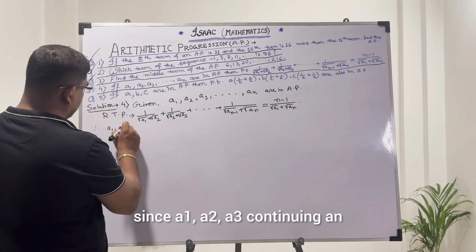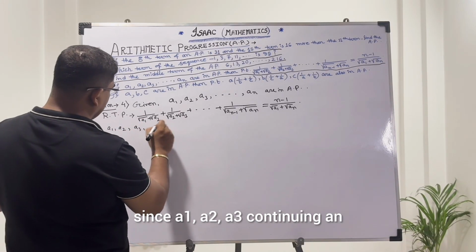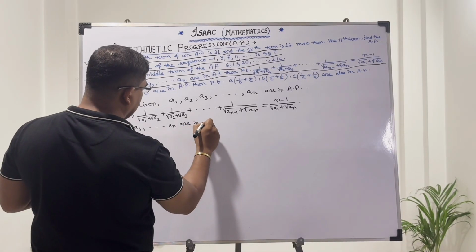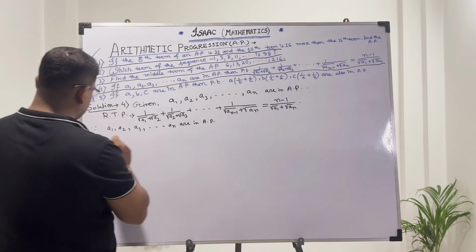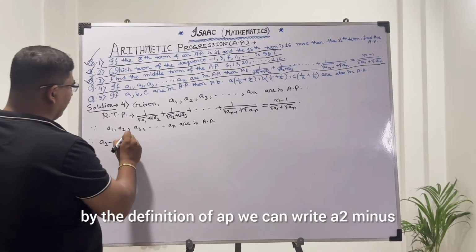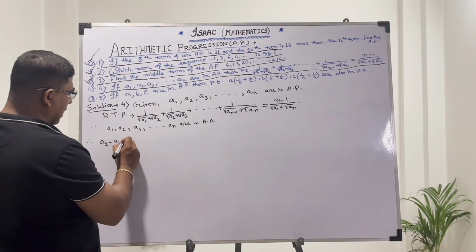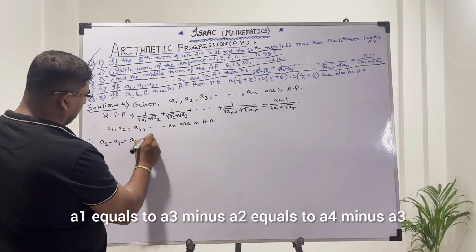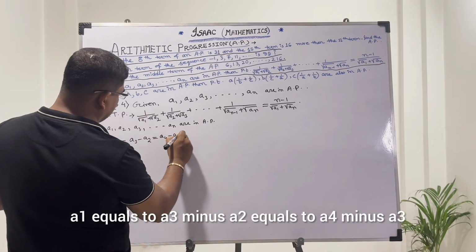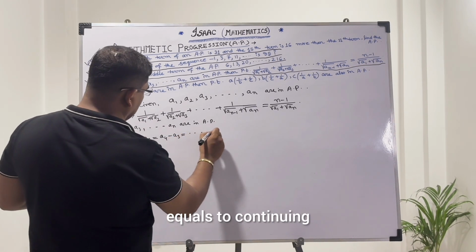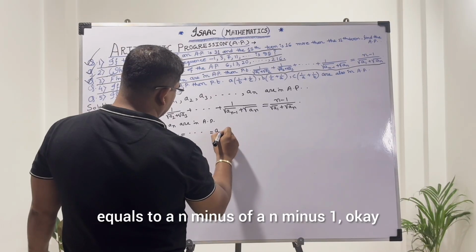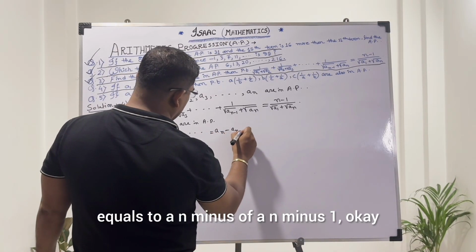Since A1, A2, A3 continuing AN are in AP, therefore by the definition of AP we can write A2 minus A1 equals A3 minus A2 equals A4 minus A3 equals continuing, equals AN minus A of n minus 1.